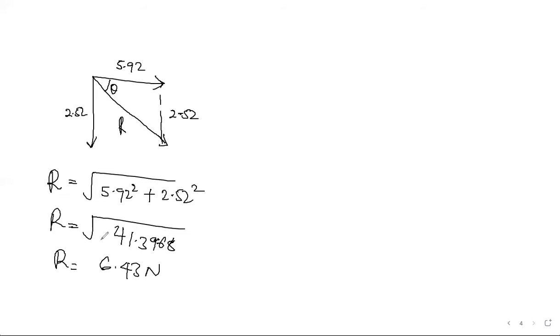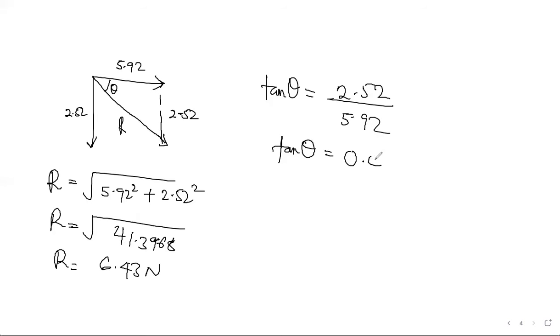So that's the magnitude of the resultant. What will be the direction? We need to find this angle. Tan of that angle will be opposite 2.52 over adjacent 5.92. So 2.52 divided by 5.92. So tan theta will be 0.4257.